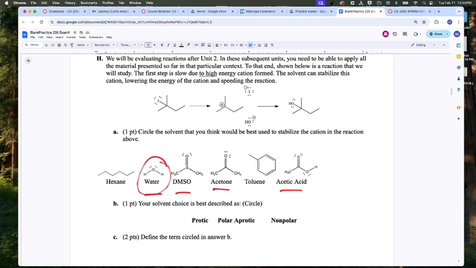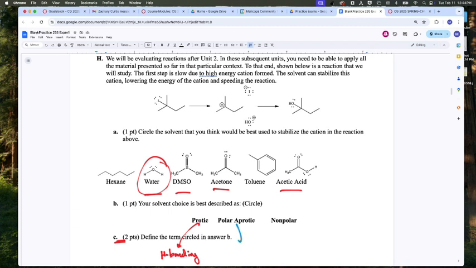Your solvent choice is best described as. There are 3 categories that we can use for our solvents. Protic, which is now relevant for part C, means it's hydrogen bonding.